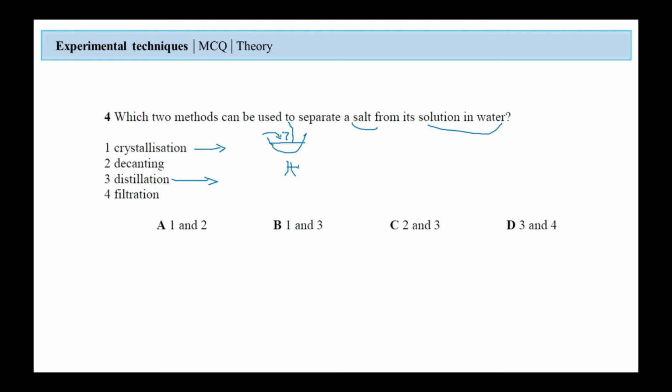So the water will evaporate, and by dipping a glass rod in the solution, if some crystals form on the tip of the glass rod, we can see that we have a saturated solution. Then we stop heating and leave the solution to cool. Then crystals will form, and we can separate the salt from the water. So the two techniques which can be used are crystallization and distillation, which means 1 and 3. So the right answer here is B.